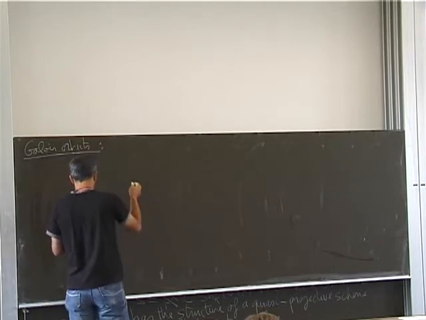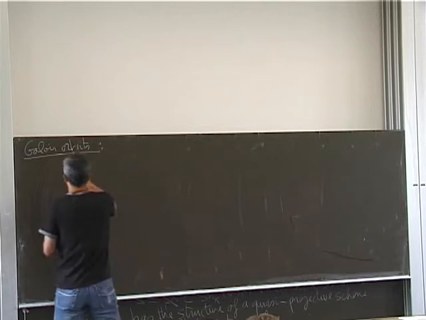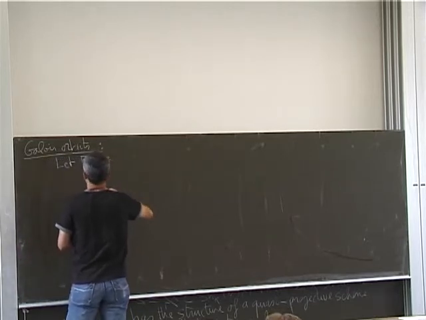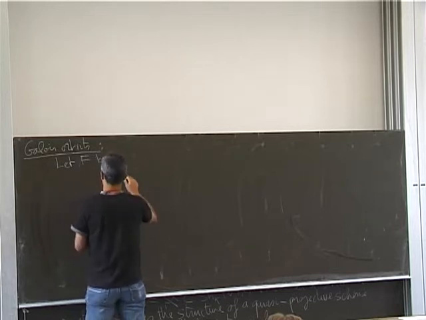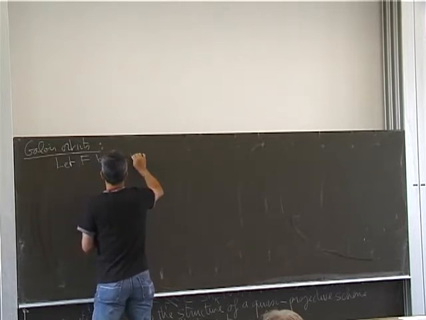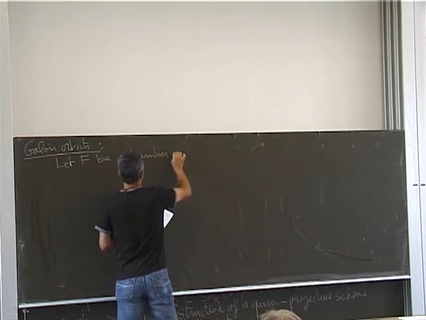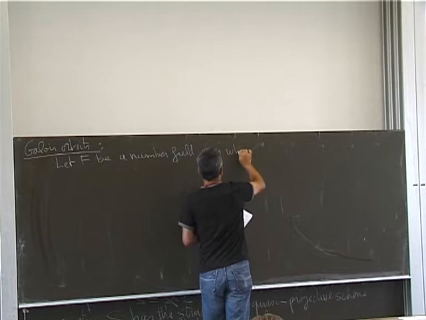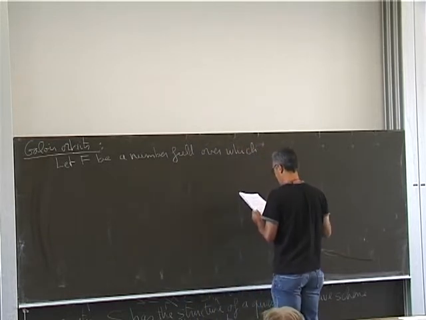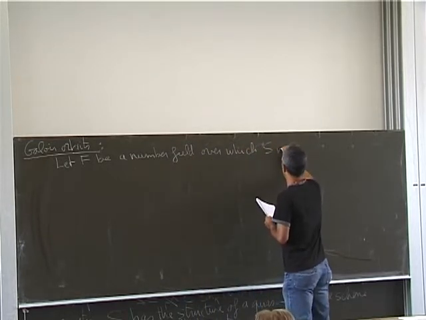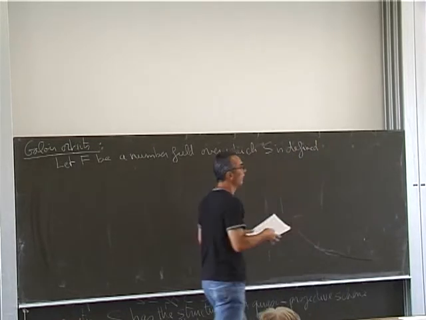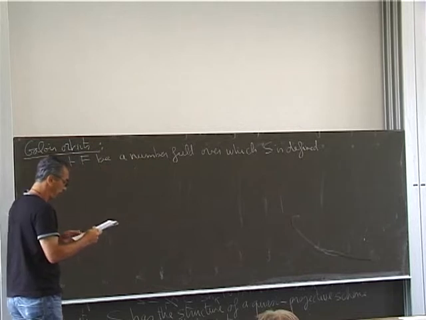So I start by fixing F a number field over which S is defined. And it's a deep theorem that such a field exists.